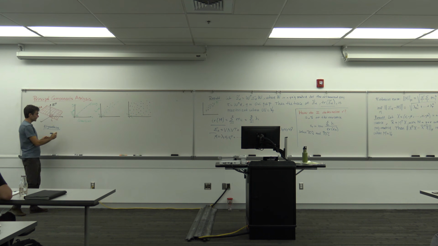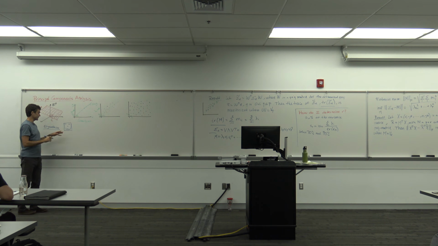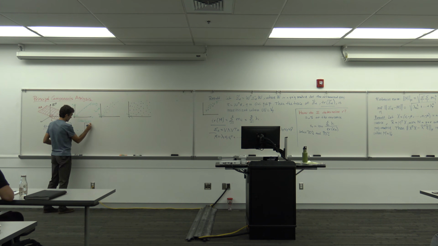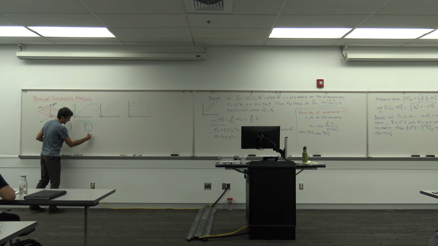So again, we start with a set of images of faces that have been aligned. Remember that that's important. So we have a number of images of faces. Now these faces are defined by a number of pixels. And what I do, this is x1, this is xn.